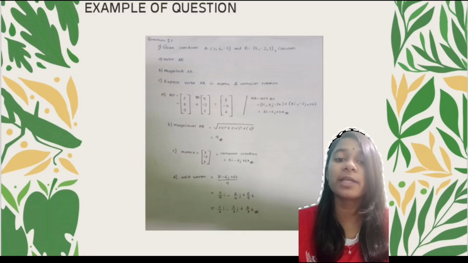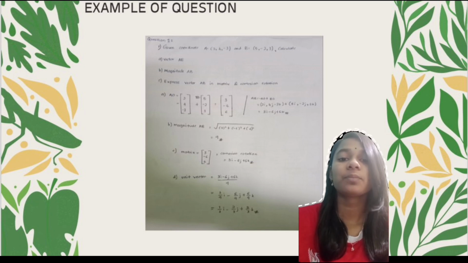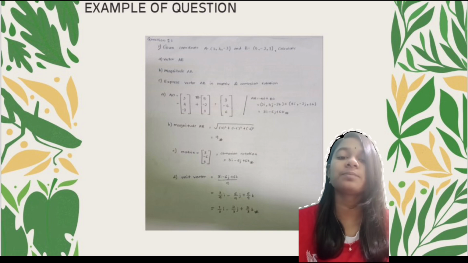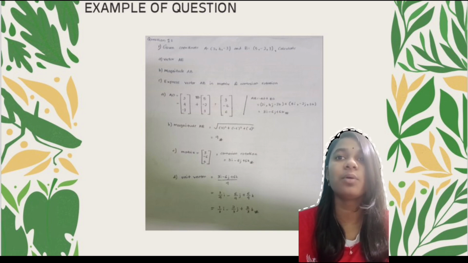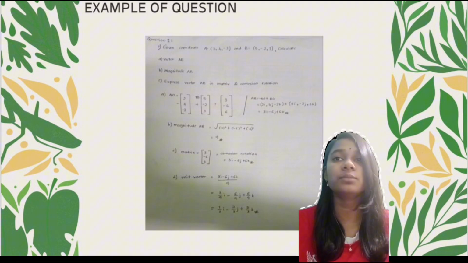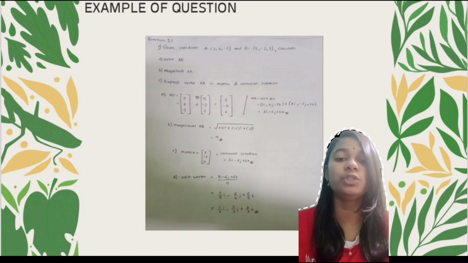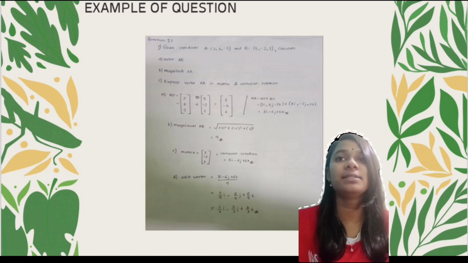Now I'm going to explain how to find vector AB and its magnitude, and express AB in matrix and Cartesian notation and as a unit vector. I'm going to give one example question. There are two vectors, A and B. A is 2, 4 and negative 3. B is 5, negative 2 and 3. We need to find AB.